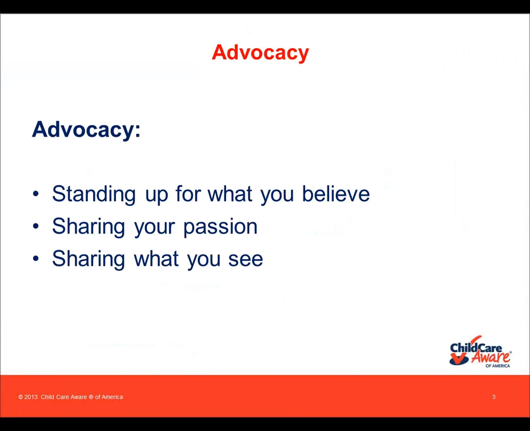Okay, so a lot of times you may hear the phrase "we participate in advocacy" and wonder what exactly that means. It's really a broad definition. It's basically standing up for what you believe in and sharing what you're passionate about and what you see. I think people confuse lobbying and advocacy because when they hear the word advocacy, a lot of people want to shy away and think that you're asking for a direct co-sponsor of a bill or something specific, and that you can't do that if you were funded 100% by the government or something like that.